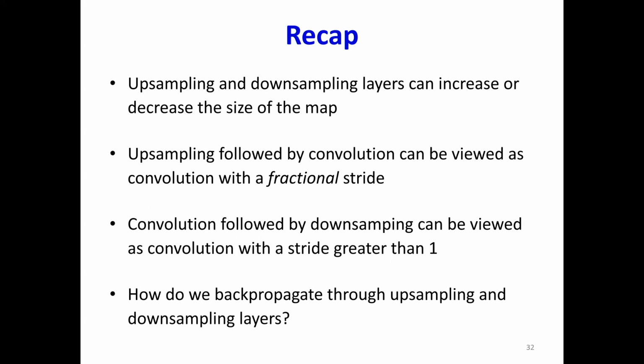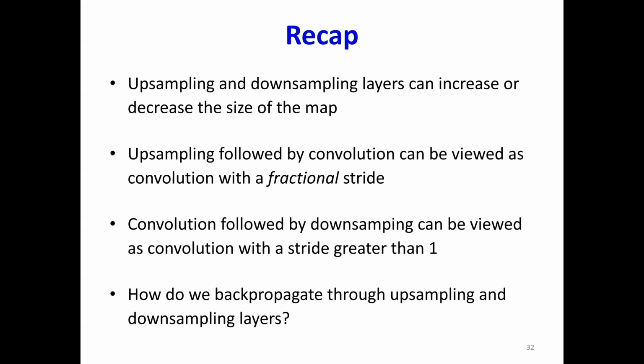Upsampling increases the size of the map by introducing zeros. Downsampling throws away elements, and so decreases the size of the maps. And upsampling followed by a convolution can be viewed as convolution with a fractional stride. And convolution or pooling followed by downsampling can be viewed as convolution with a stride.